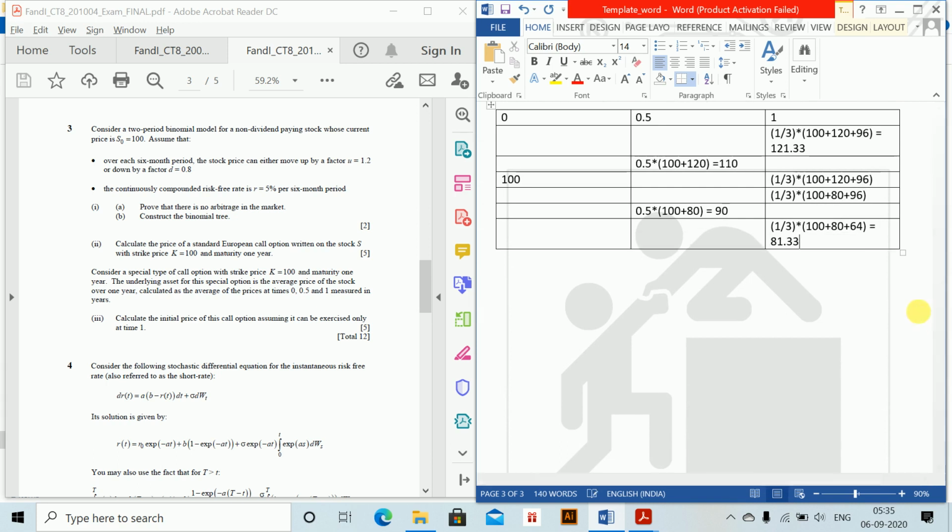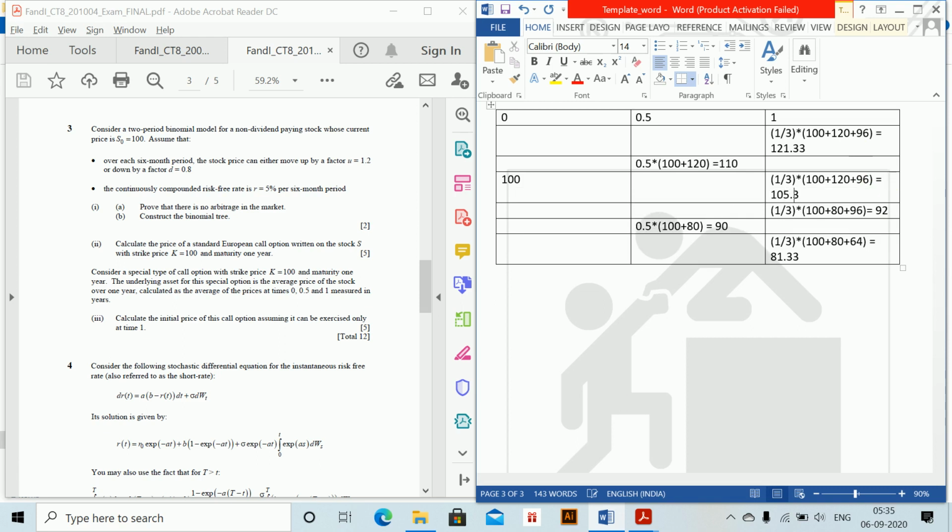Here it is equal to 92. Here it is equal to 105.33. So this is how this non-recombining binomial tree is.